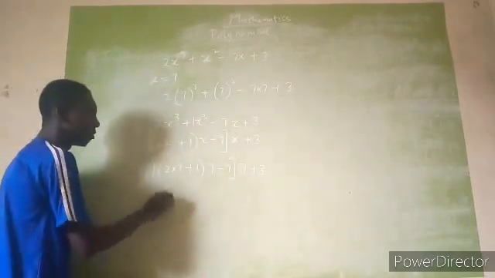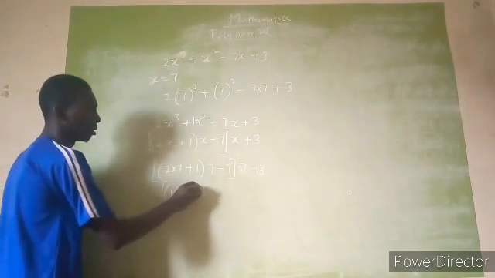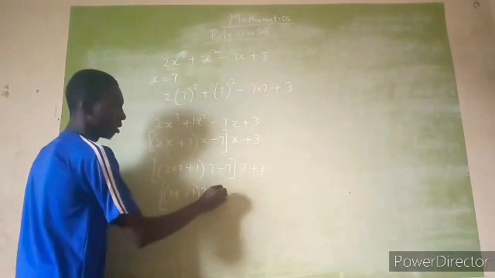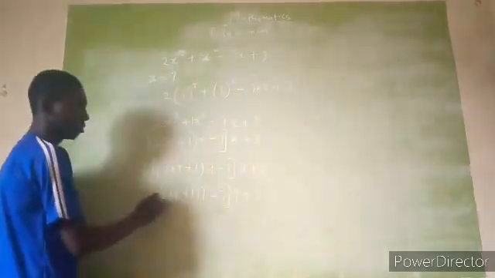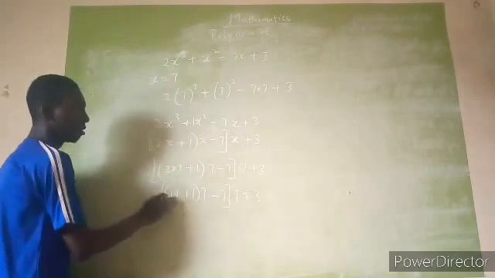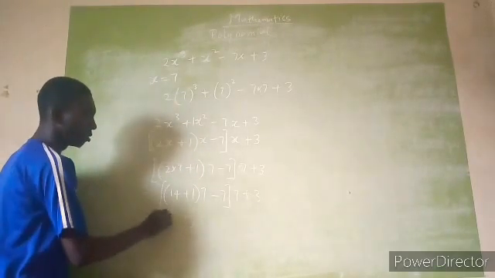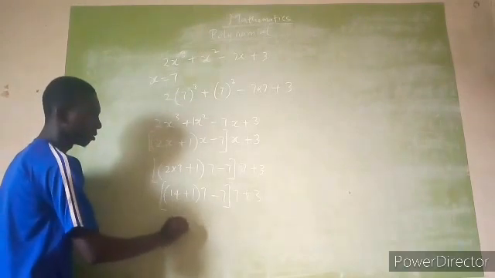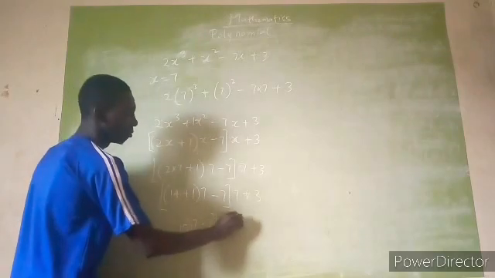You start with the innermost bracket. 2 times 7, 14, right? Plus 1, right? 7 minus 7, 7 plus 3. You don't touch anything else, you work from inside. Now, 14 plus 1 is what? 15. 15 times 7 minus 7, 7 plus 3.